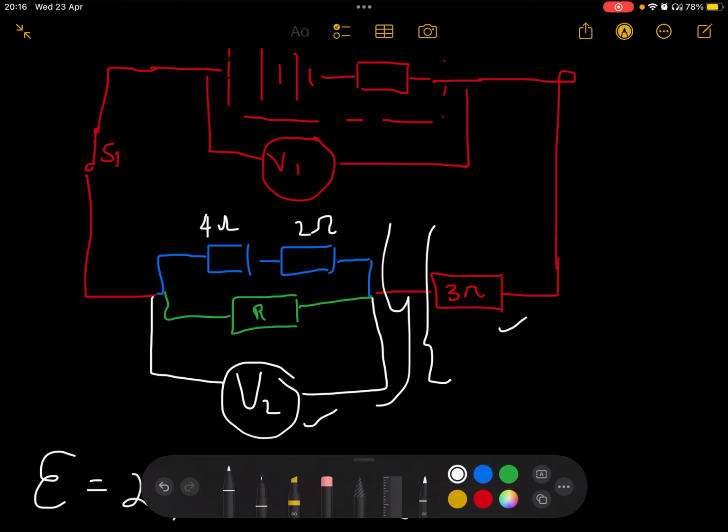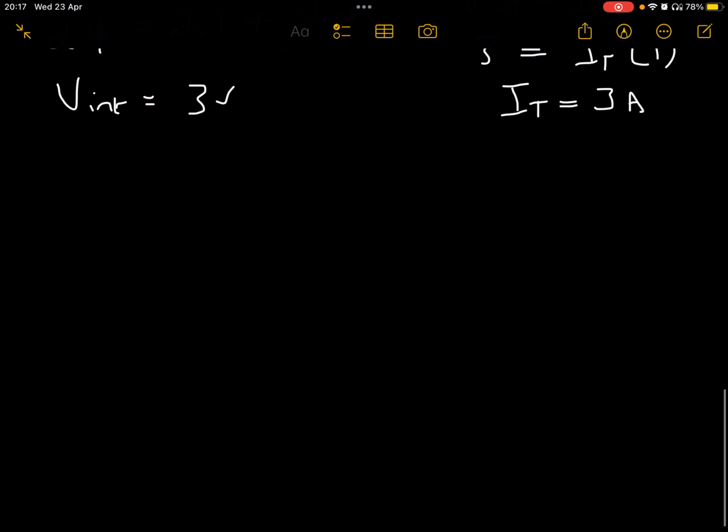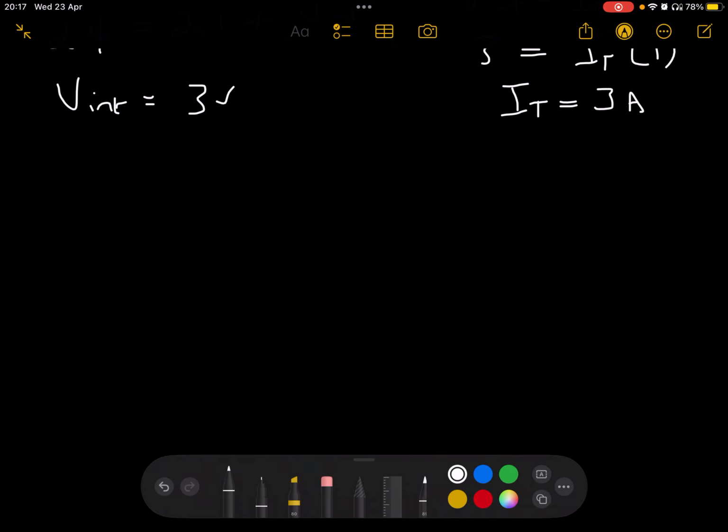That makes up V external. Right. So now we go back here to say V external is equal to V of the parallel resistors plus V of the 3 ohm.